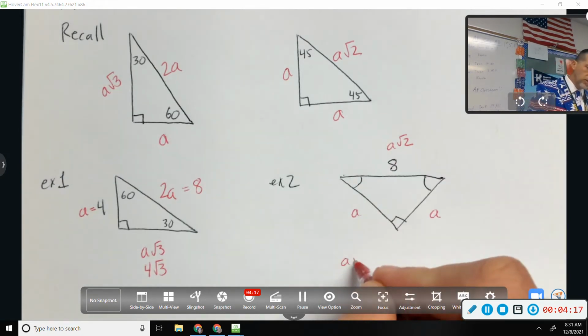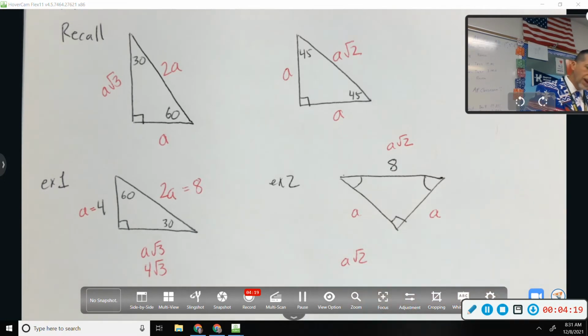So this one's a little bit harder. A square root of 2 is equal to 8. If you squared both sides, you'd end up with 2a squared equals 64. It wouldn't be wrong, it just wouldn't really be helpful. Let's divide both sides by square root of 2.